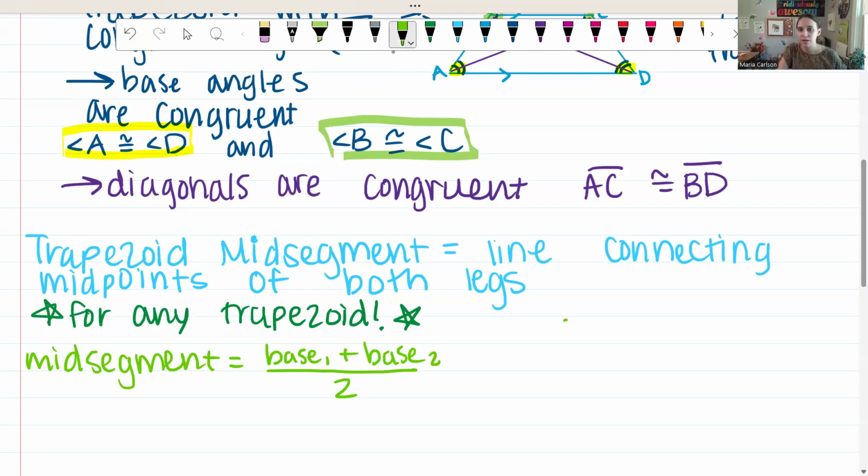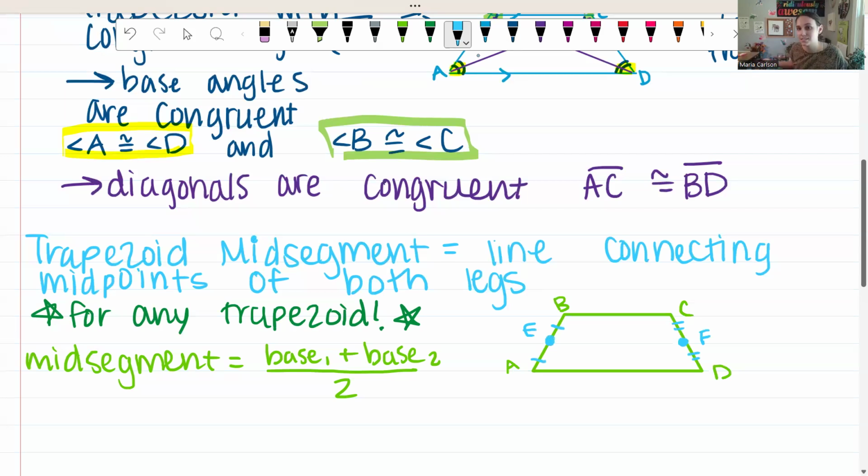So if I have this trapezoid here, A, B, C, D, this mid-segment connects the midpoints E and F. So E divides AB into two congruent halves, and F divides CD into two congruent halves.